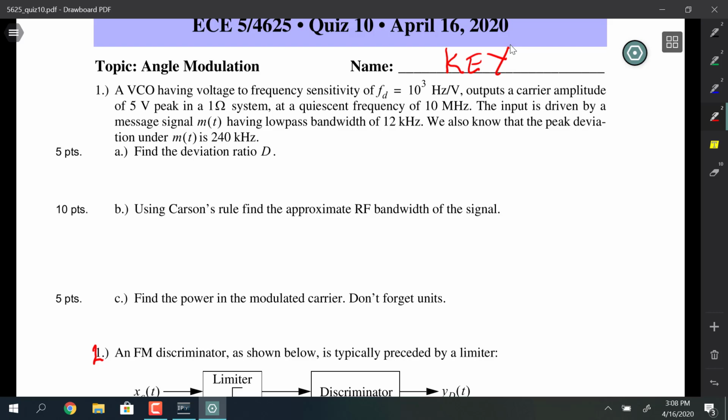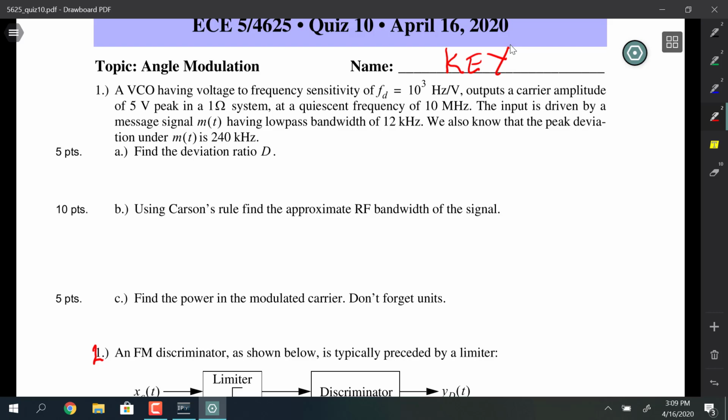The output of the VCO is 5 volts peak in a 1 ohm system, and it's at a quiescent frequency of 10 megahertz. The input is driven by a message signal having a low pass bandwidth of 12 kilohertz. We also know the peak deviation under the given m of t is 240 kilohertz.